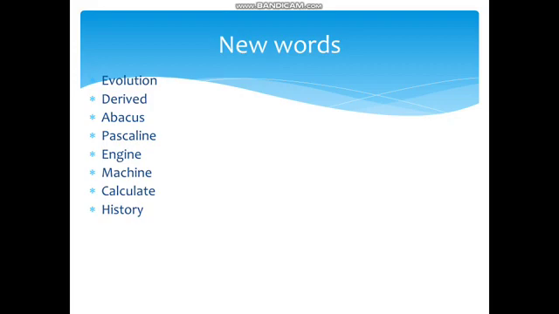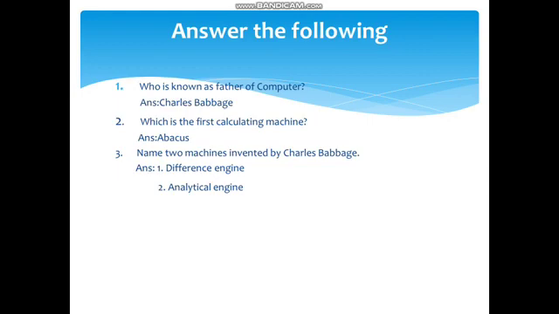Now we can conclude this lesson, as it is a small lesson. You have to understand the new words and the early calculating devices. You can see the first words are evolution, derived, abacus, Pascaline, engine, machine, calculate, history. Again you can see some questions and answers.